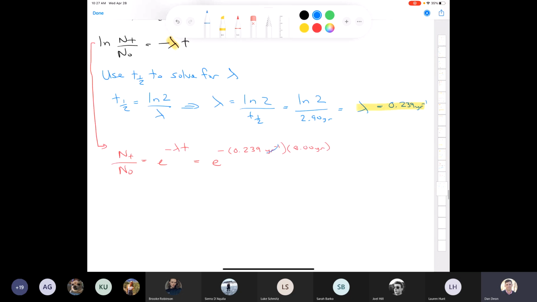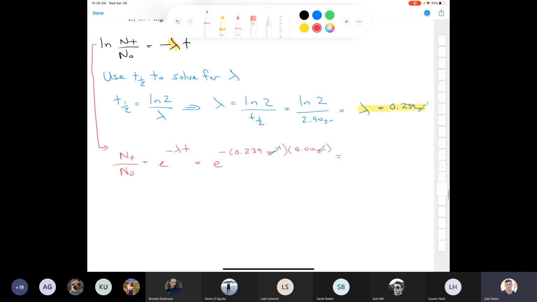You see that years cancel, and I end up with a ratio which is 0.148. So this much remains after the 8 years.